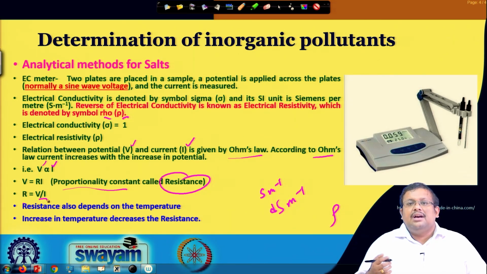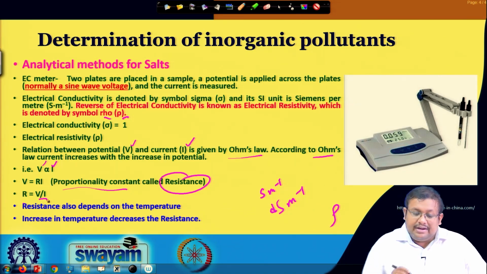Saturation extract is obtained with the help of a vacuum pump as well as a Wagner funnel, and by extracting the solution, we can also measure the electrical conductivity. So, there are different ways of measurement of electrical conductivity. However, we all measure them using this electrical conductivity meter.